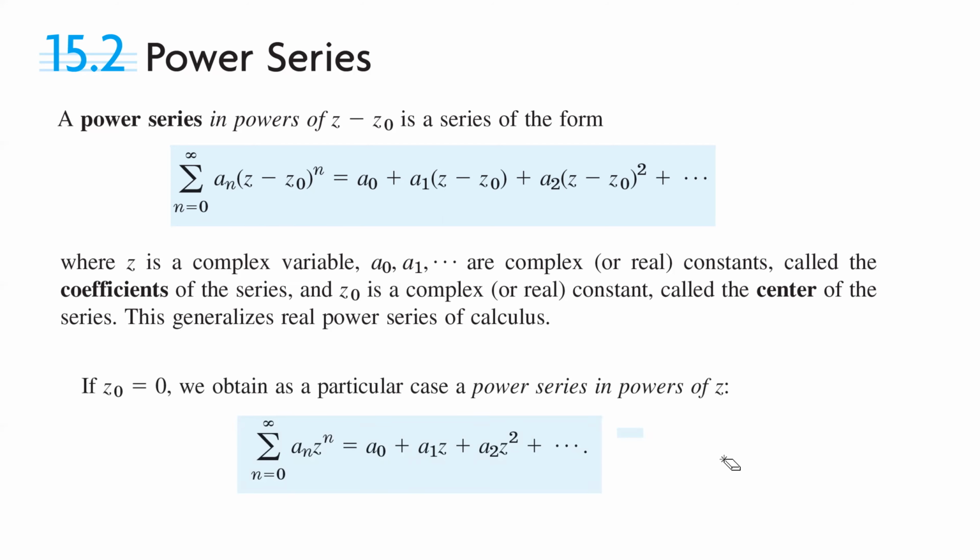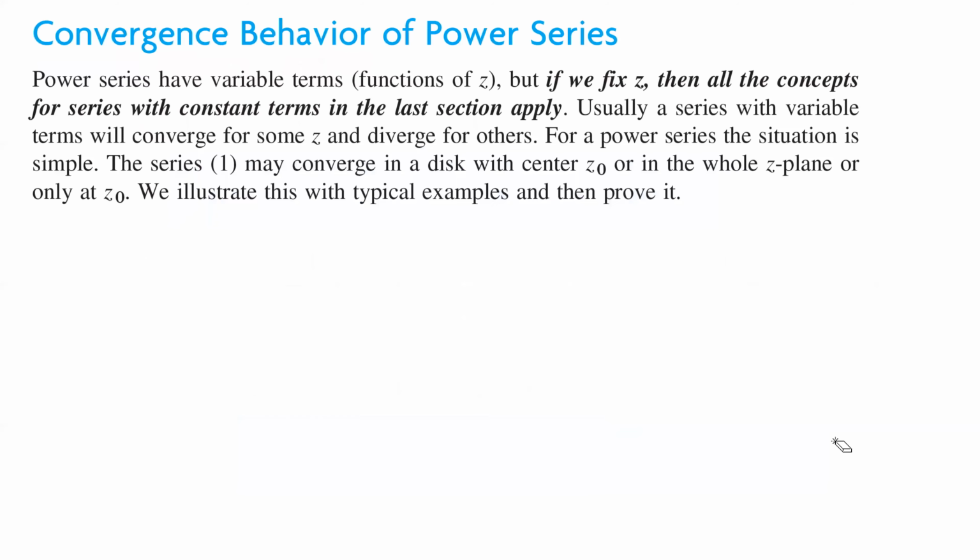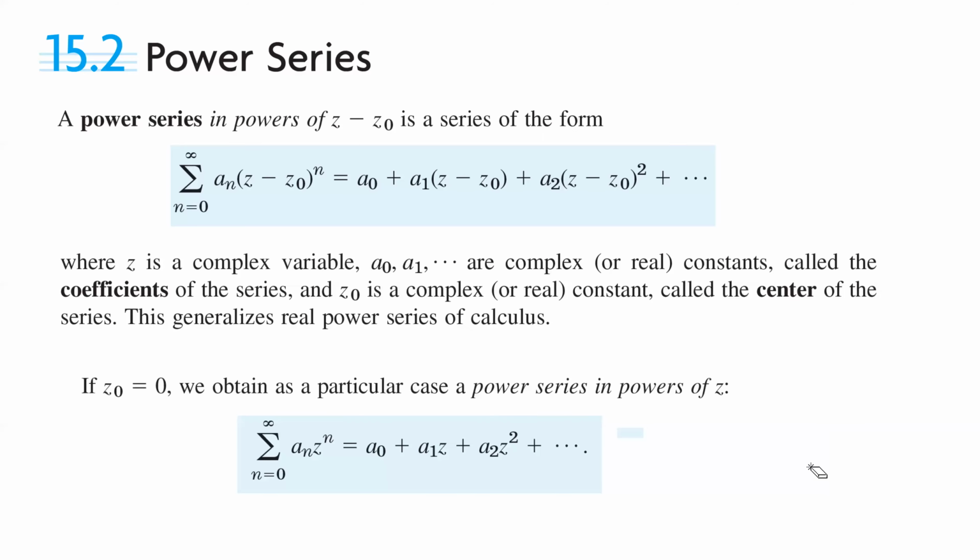If Z naught is 0, we obtain as a particular case a power series in powers of Z, which is called a Maclaurin series, around 0. Power series have variable terms. You see, there is Z here, so for every Z they are different.